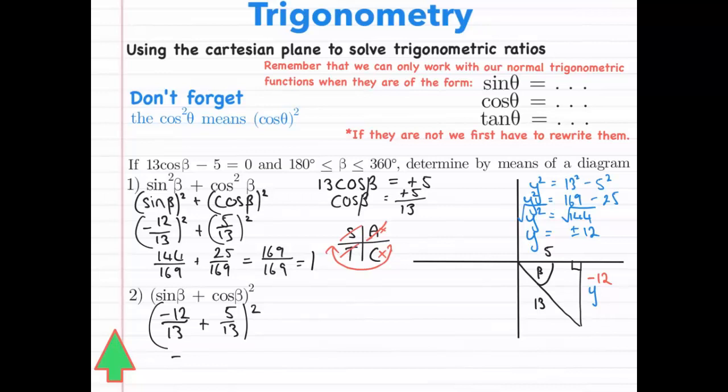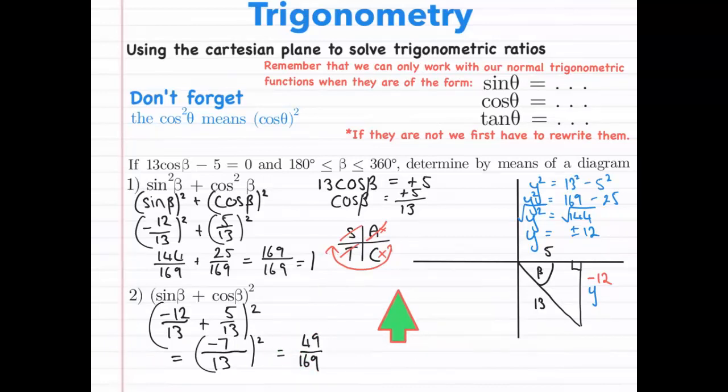So this is equal to, and the denominator will stay at 13 because they're the same even though we're adding. So it's just minus 12 plus 5, and that gives us a minus 7. And there we go, and then we need to square it, and that equals 49 over 169. There we go. So do you see, it's really not that hard.